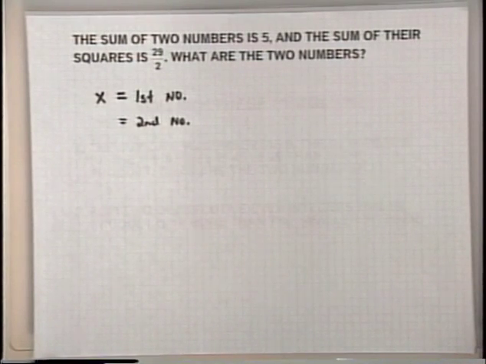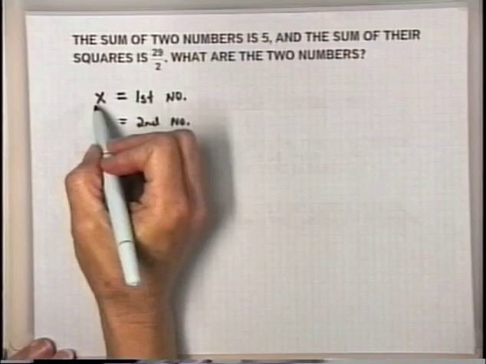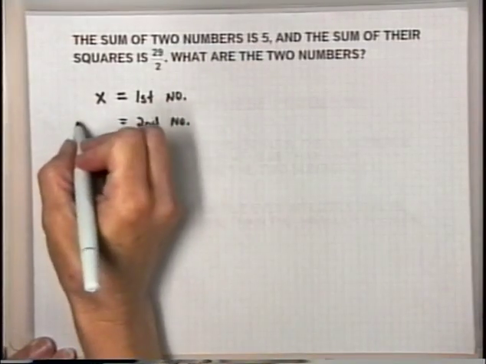If I know that two numbers add to 5, if I said to you one of those numbers is 2, wouldn't you subtract 2 from 5 and say that 3 is the other number? In other words, the number that you are given or that you know, you would subtract from 5 to get the second number. Since we are choosing x to be our first number, if we subtract x from 5, we would get our second number.